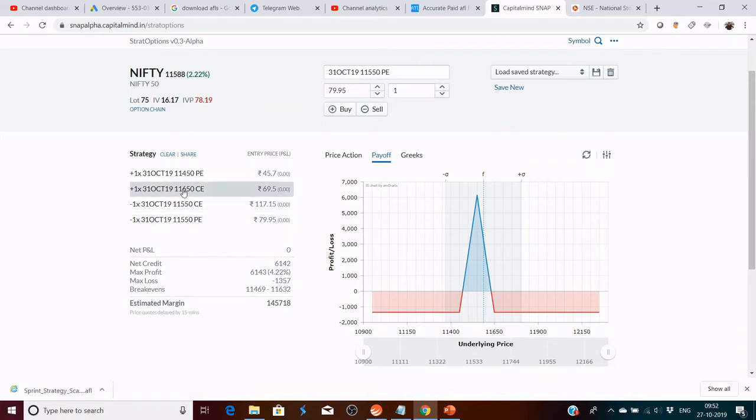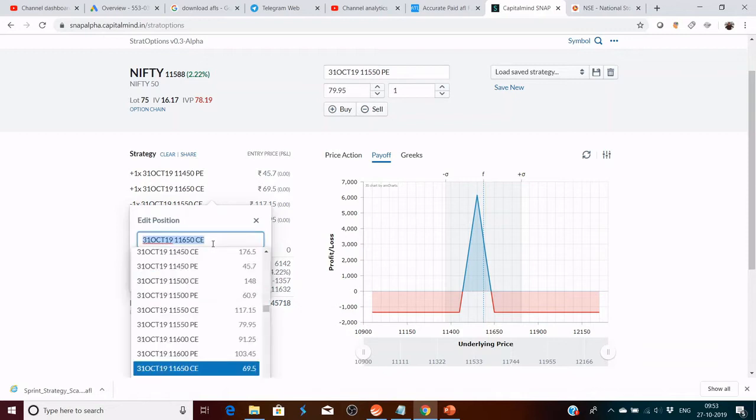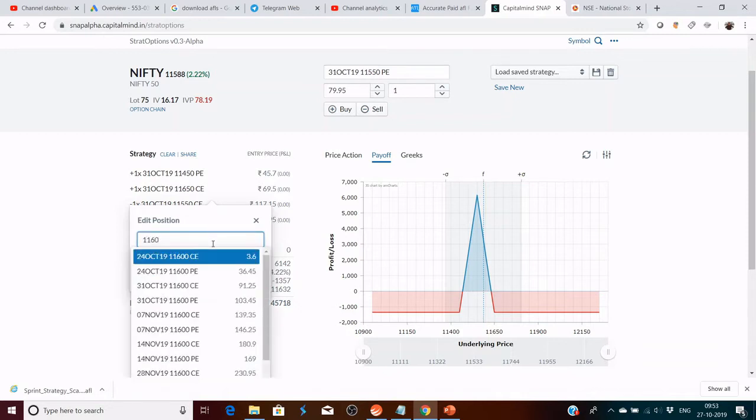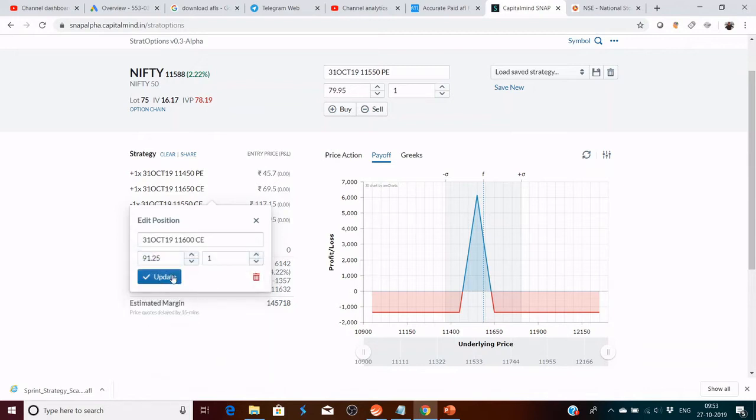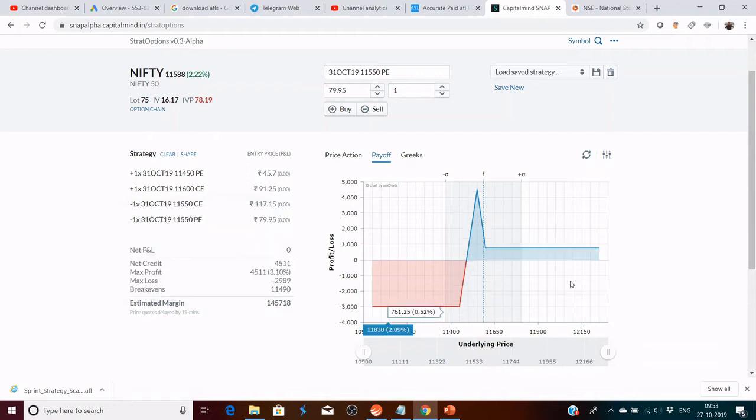So we close this profit leg and buy another 11,600 call. Your iron fly will change into this fashion, where if the market goes anywhere above this break even point, you will always be in this 761 rupees profit.